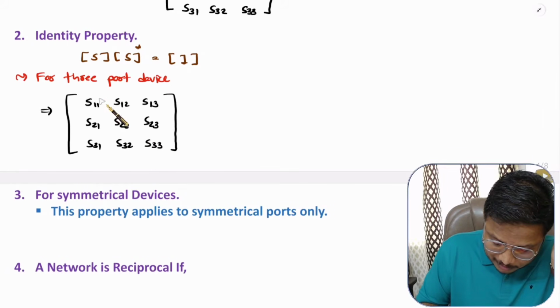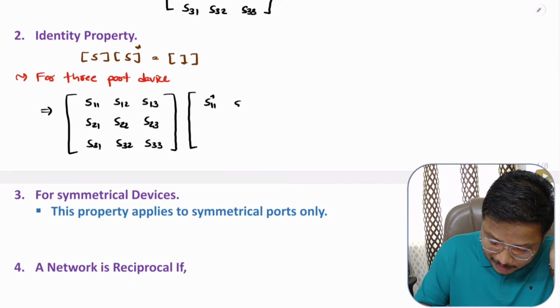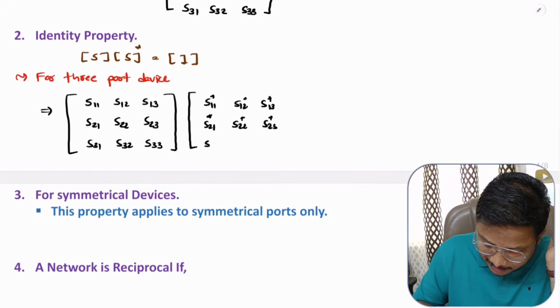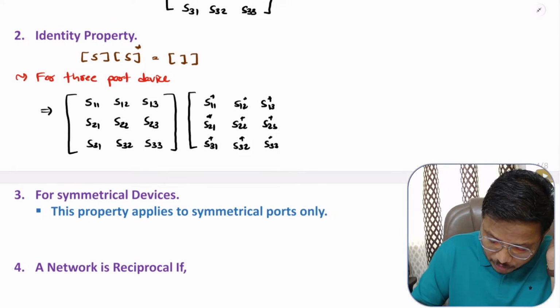Now this S matrix into the conjugate of the S matrix, that we need to have. So the conjugate is S11 conjugate, S12 conjugate, S13 conjugate, S21 conjugate, S22 conjugate, S23 conjugate, and the third row is S31 conjugate, S32 conjugate, and S33 conjugate.